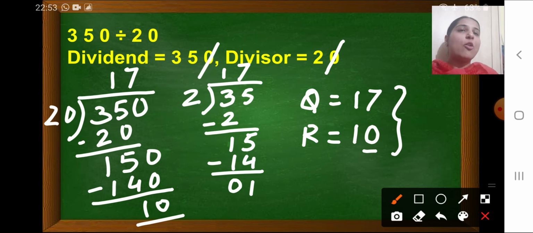So that's why, although we cancelled the common number of zeros and then divided, while writing the answer we will add those common zeros that we cancelled in both the dividend and divisor back to the remainder, okay, to get the answer.